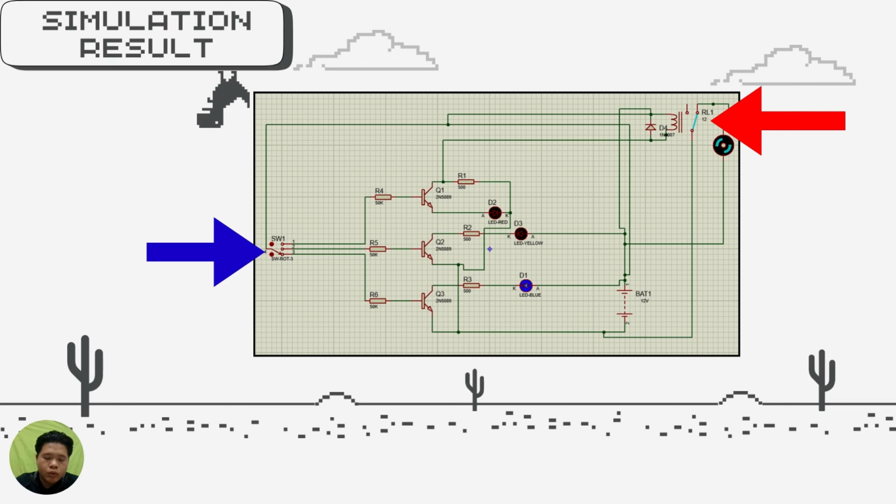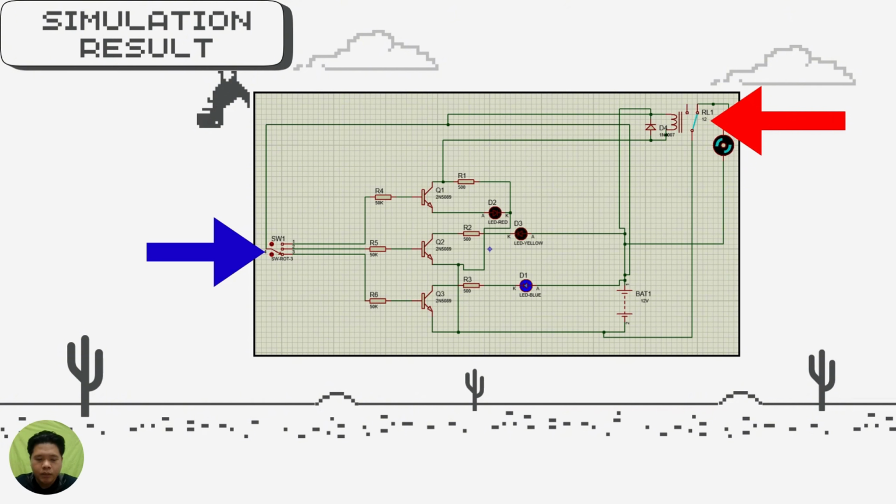I will show you. We have three conditions: low, middle, and high. For the first condition, we have water. If the water tank is at the low condition, it will turn on the switch.